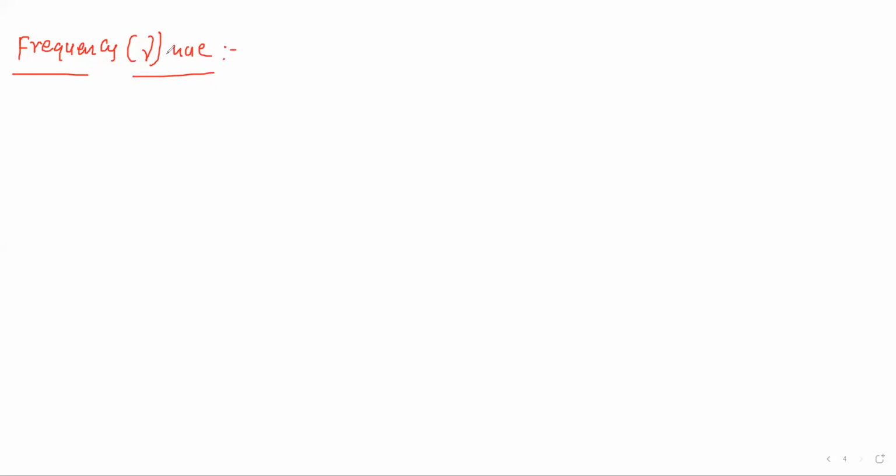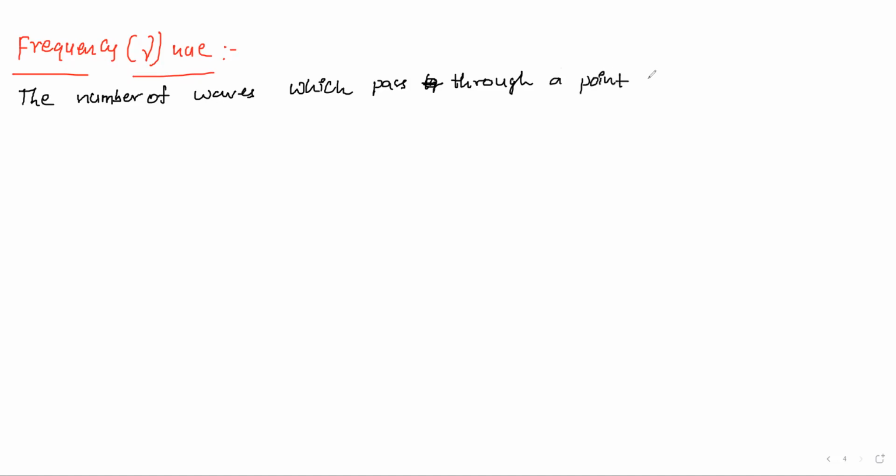Frequency is nothing but the number of waves which pass through a point in 1 second.